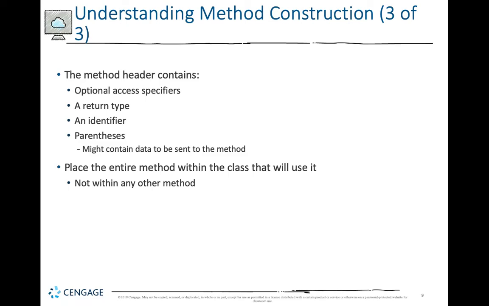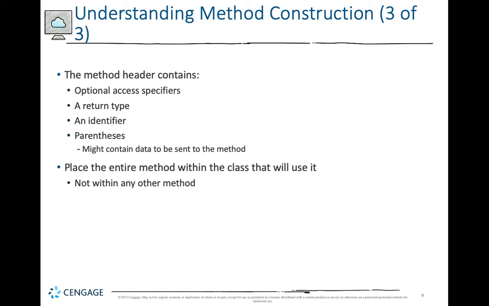The method name itself, which is the identifier, it should be self-documenting, right? What I mean by that is the name itself should indicate what it does. How weird would it be if system out print line did number calculation instead of printing a line? So make your method names self-documenting.